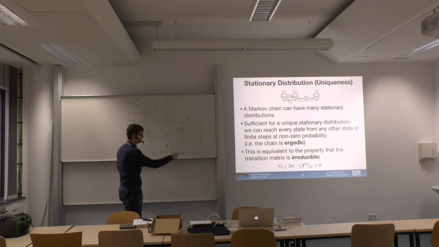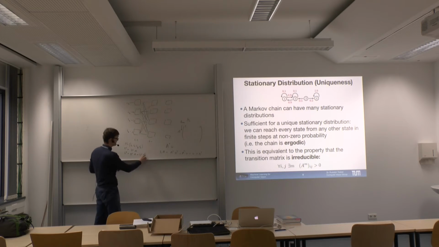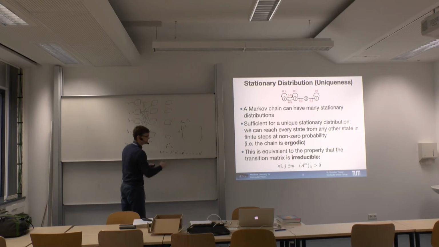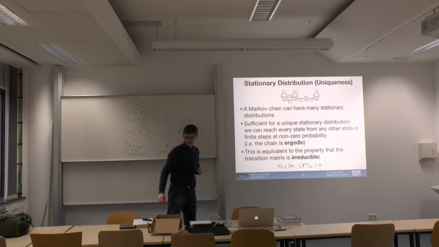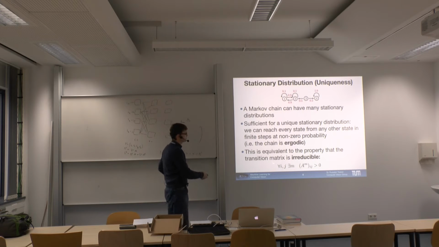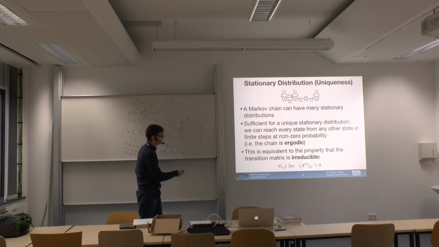This is how you read it. So A to the m, this is the number of times you step, right? This would then be m. And if you step m times, then eventually you can reach every state from every other state with a non-zero probability. Okay, so this is just another way of expressing ergodic.